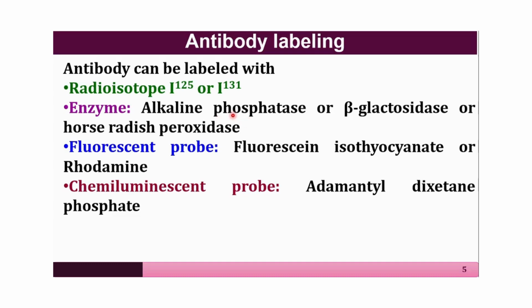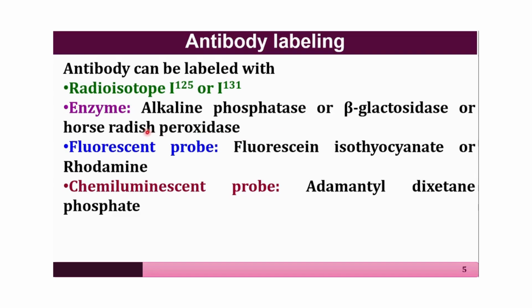The source for alkaline phosphatase is predominantly bacteria. Similarly, beta galactosidase is also obtained from bacteria, and horseradish peroxidase is extracted from radish.